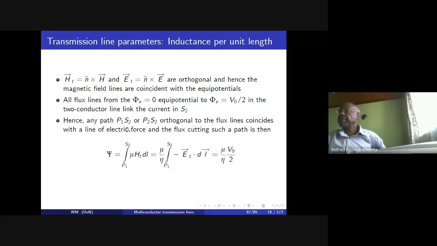Hence, any path from P1, the point on the phi_E equal to 0 line, to S2, orthogonal to the flux lines, will coincide with a line of electric force, and the flux cutting such a path is given by psi equal to the integral from P1 to S2 of mu H_t dl. This is given by mu over eta times the minus integral of E_t dot dl, which gives a value of mu over eta times V0 by 2.